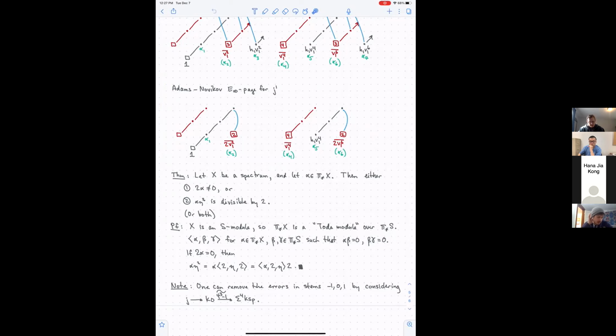Okay? And then the one last remark I'll make has to do with this business about J prime versus J. The usual definition of J is the fiber of a slightly different map whose target is sigma 4 KSp. And the only difference between J and J prime is this stuff right here. This stuff is in the homotopy of J prime, but it is not in the homotopy of J. And in a sense, those 3 elements don't really belong.